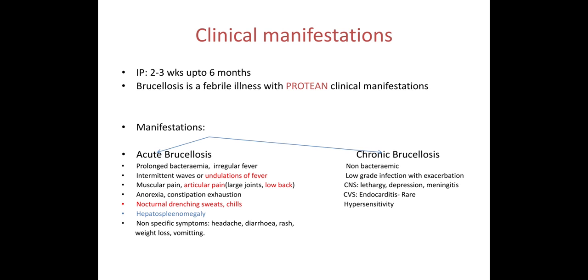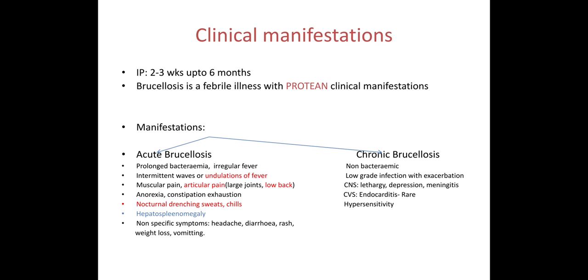Fever rises and falls and it is intermittent. This is called undulant fever. The patient may also complain of muscular pains, joint pains. The articular pains are mainly of the larger joints like knee, hip, ankle, and low back pain is also a very common complaint by these patients.